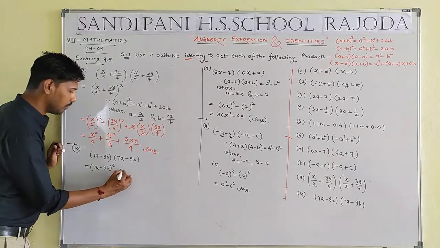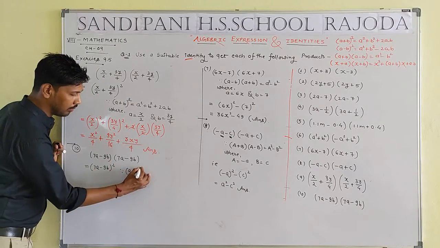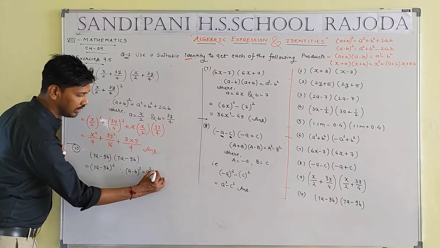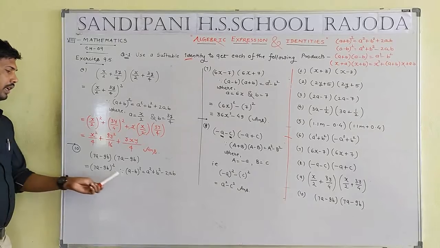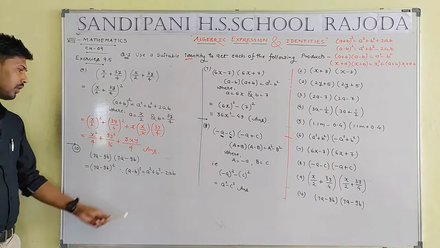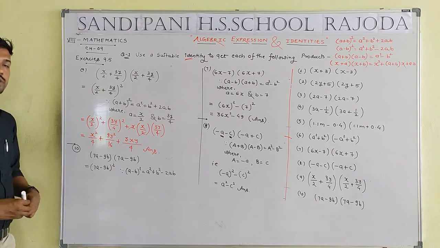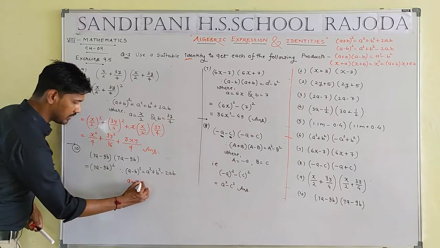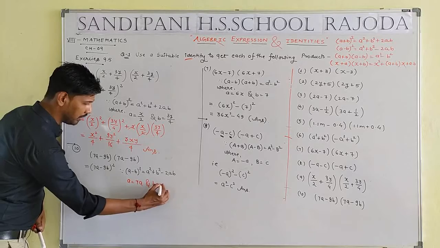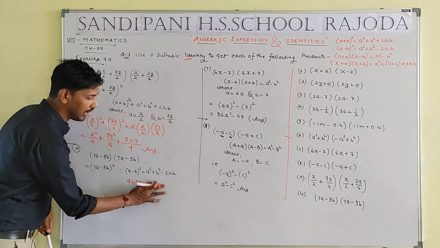Okay student, we know the identity (a minus b) whole square equal to a square plus b square minus 2ab, where a will be equal to 7a and b will be equal to 9b.